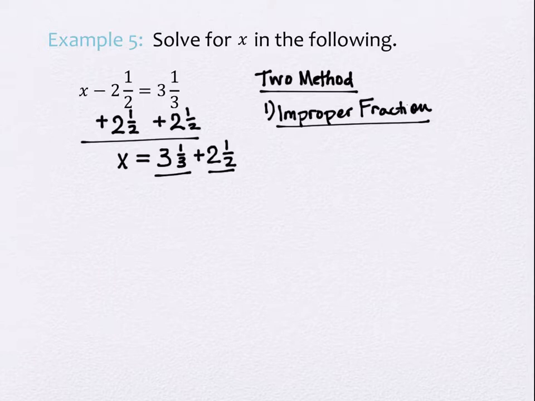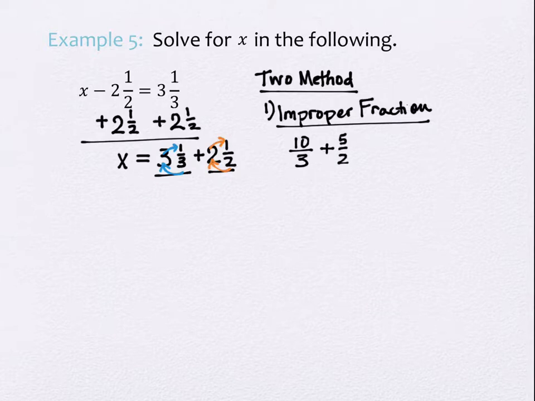So shortcutting it, right? 3 times 3 would be 9, plus 1 would be 10. So my first improper fraction is 10 over 3. On the second one, I've already seen this problem today, and you have as well, right? 2 times 2 would be 4, plus 1 would be 5, so I have 5 over 2.